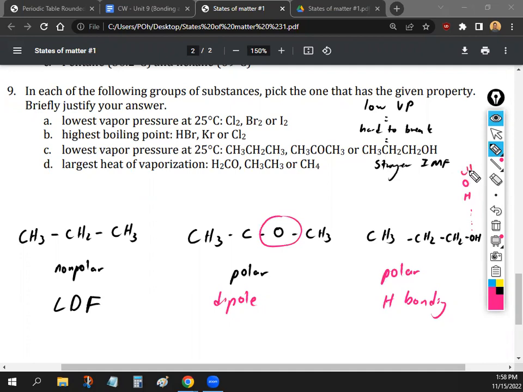So they're going to have hydrogen bonding. So which one experiences the most intermolecular forces? The last one right here. It's called propanol.